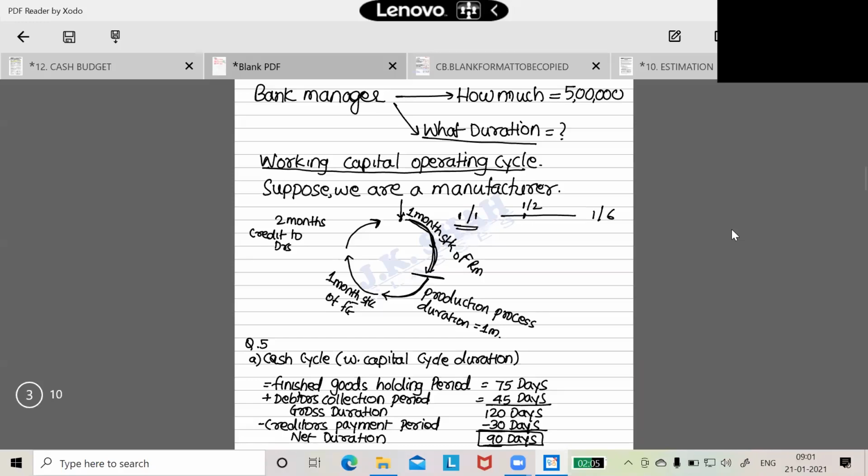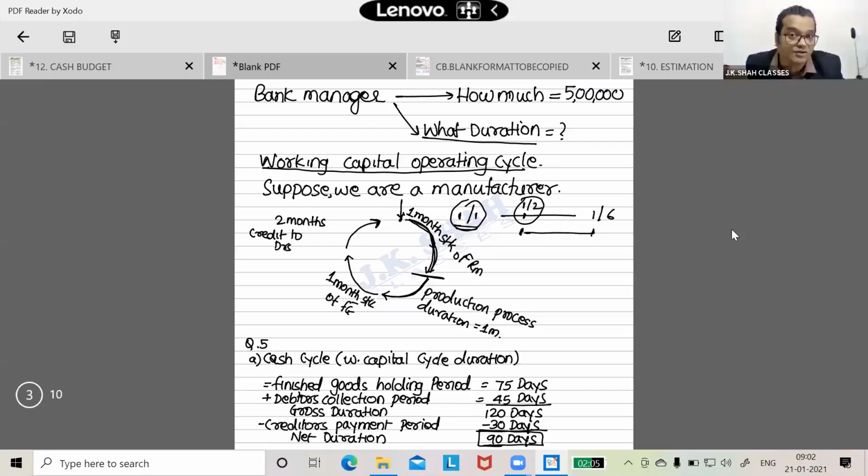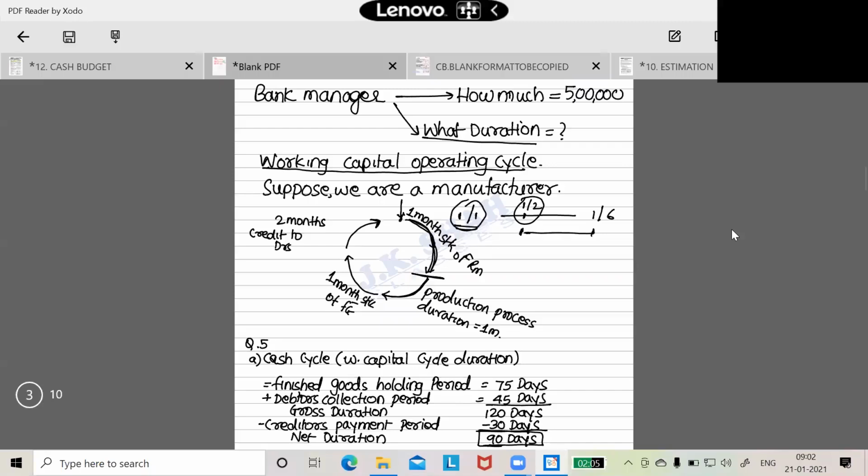Now you tell me, will you go to the bank on 1st January itself to borrow the money, or will you go on 1st Feb? 1st Feb. So on 1st Feb, the bank manager will ask you, sir, what duration loan do you want? What will you tell him? 5 months or 4 months? 4 months.